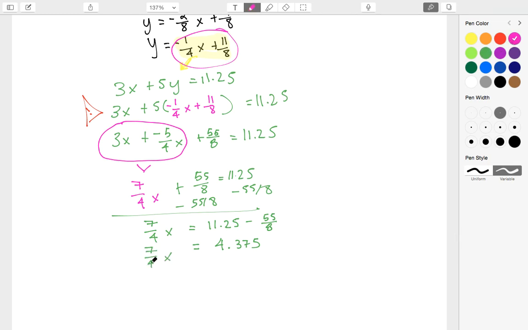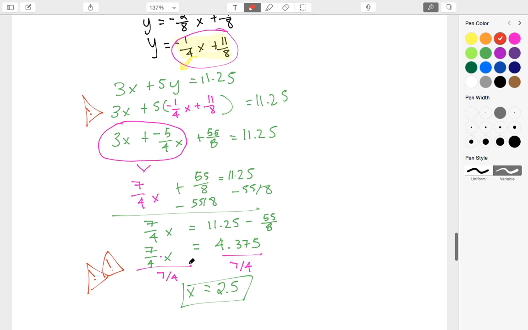And so what we're going to do is, this is like multiplying, so we're going to divide by 7/4 on both sides, and x will equal, once you type this in the calculator, 4.375 divided by 7/4 is 2.5. Whew, that's a lot. I understand. So if you got a little confused or lost, know that this has room for lots of errors.